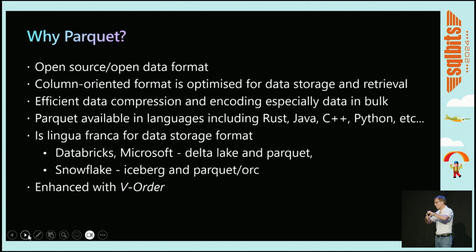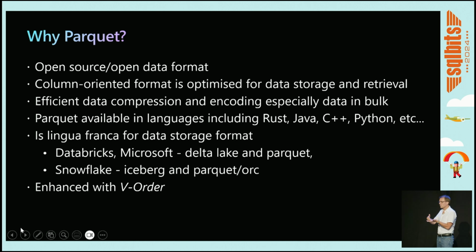You'll see we pivot the column data around so it's all organized together. We'll jump to that very shortly. It's very good at compressing, which is important for analytics, and generally it's the lingua franca for a number of BI tools. But the last point's quite important. With Fabric, what we do with our Parquet files is we enhance them with vOrder. vOrder is just extra compression, and this compression is good.